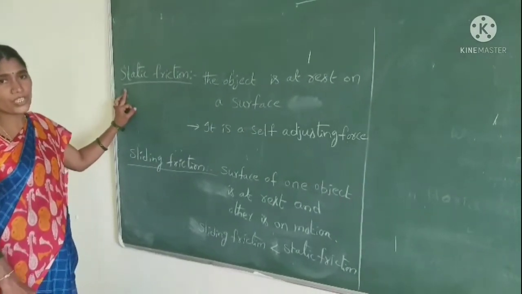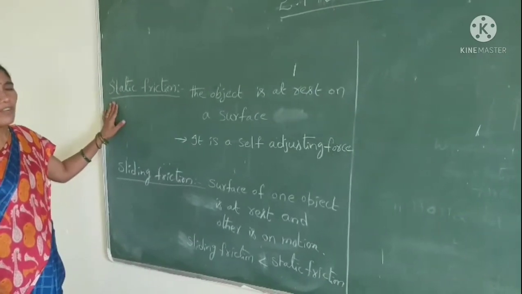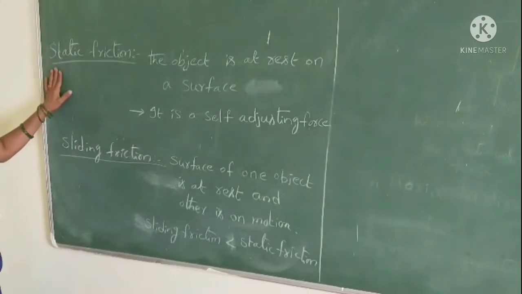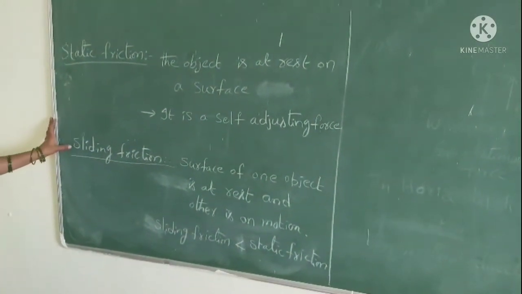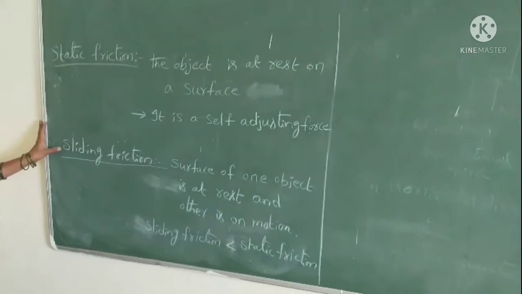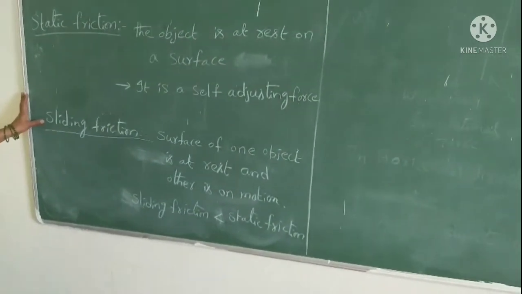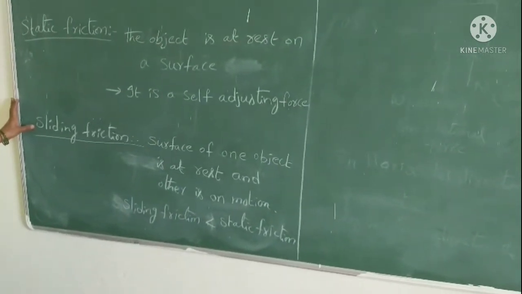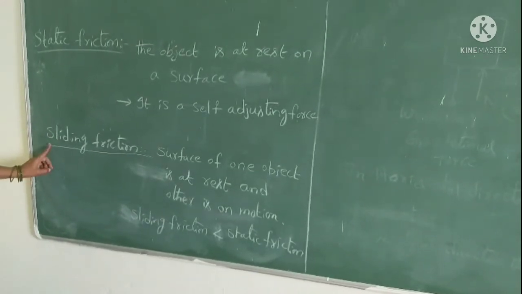Which type of friction? Static friction. It is a self-adjusting force. Next, sliding friction. When the surface of one object is at rest and the other is in motion, that friction is known as sliding friction.